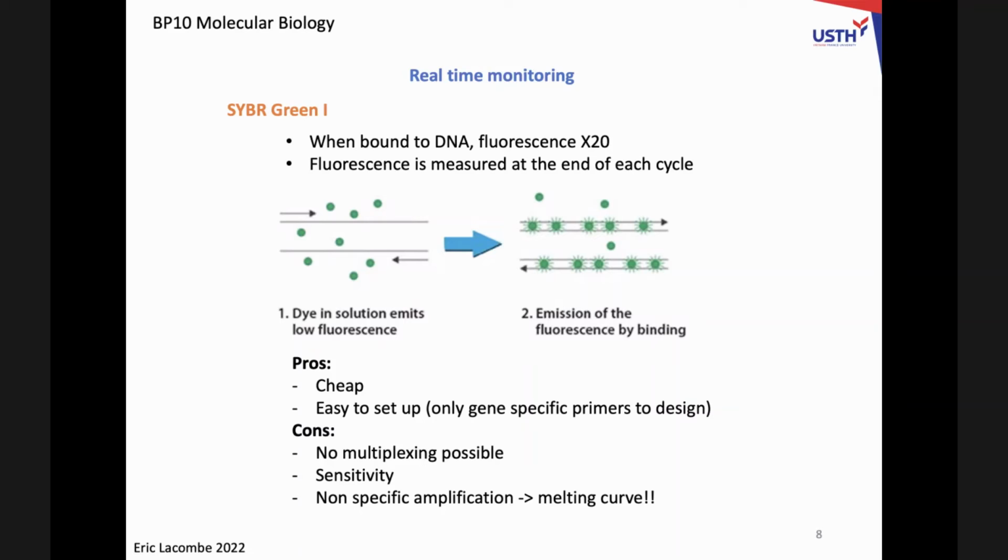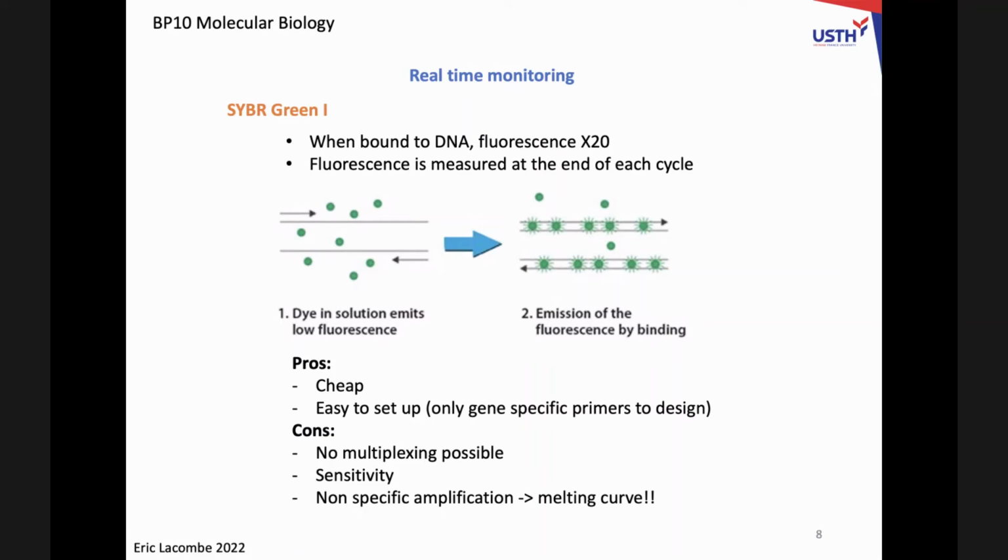Okay? So the pros of this method: very cheap, very easy to set up. The only thing that we need is primers that are specific to the gene that we want to study. So that's very, very easy. The drawback of this method is that we cannot do multiplexing. Have you ever heard about multiplexing analysis?